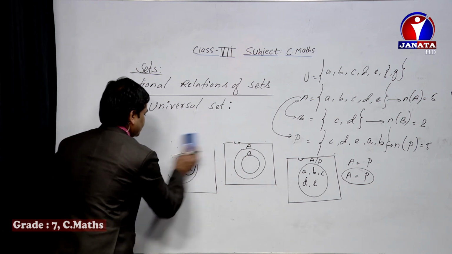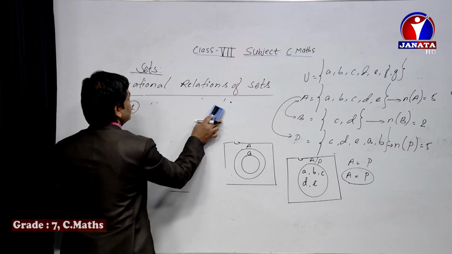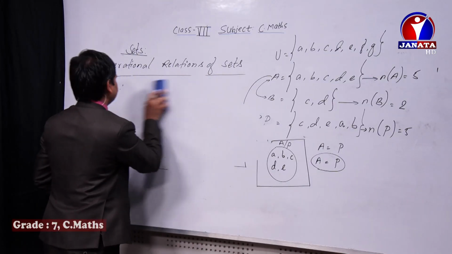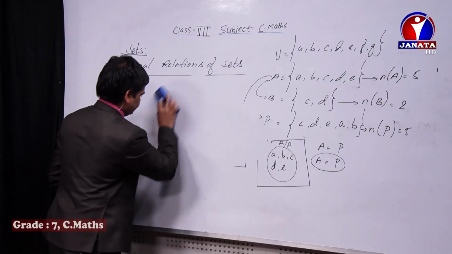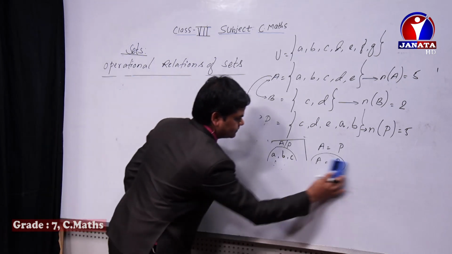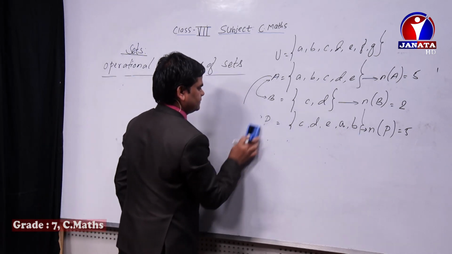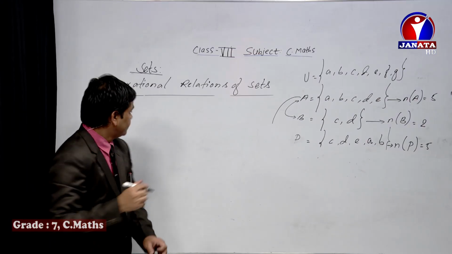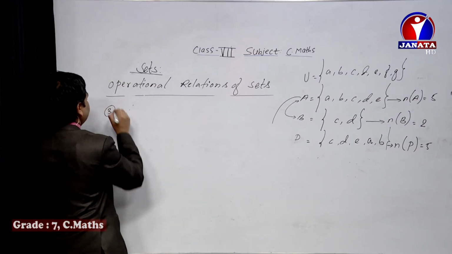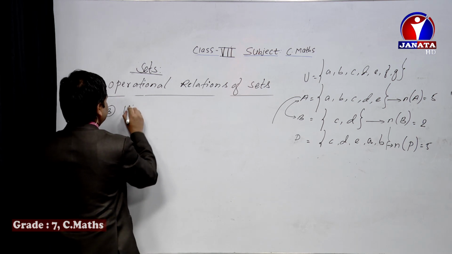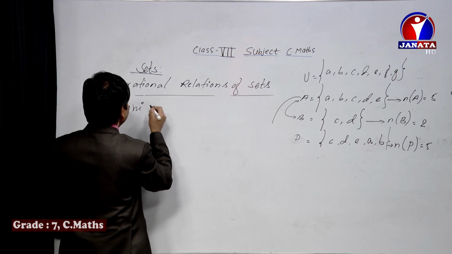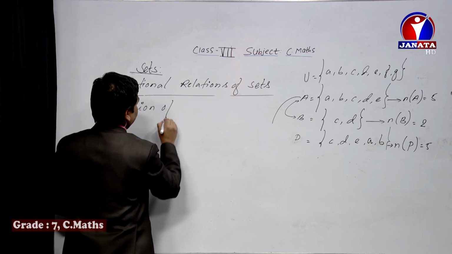So let's focus on other relationship, operational relations of the set. Now number third is union of set, dear students. You have learned this in class 6 as well, union of set.